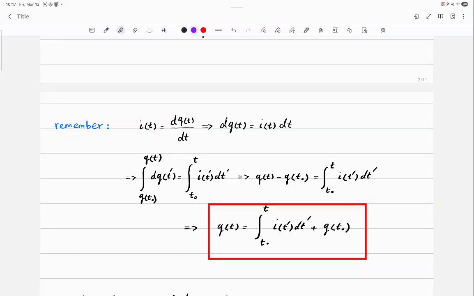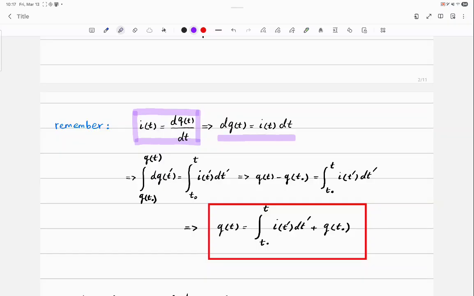So this is the equation that we initially had, right? This is the basic definition of current based on electric charge. What have I done here? Just multiply both sides by dt. So nothing is strange here. Multiply both sides by dt. That is what you get.